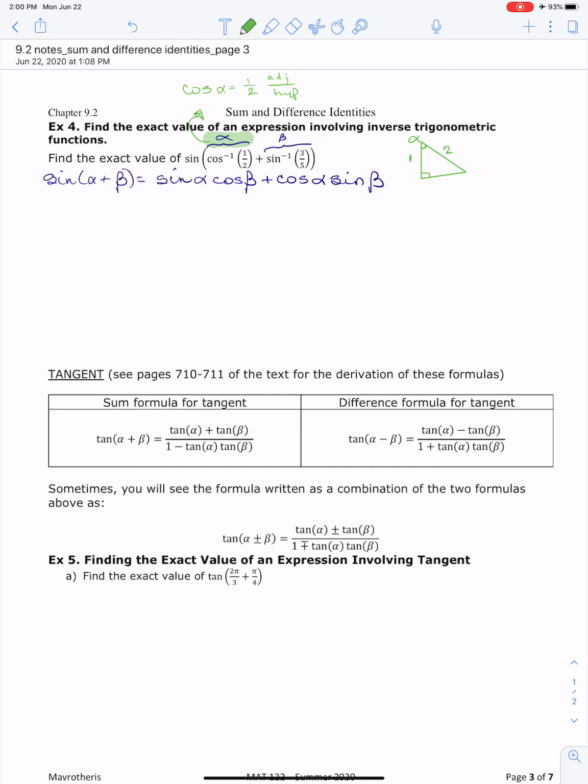And then I'm going to go ahead and use the Pythagorean theorem to find this opposite side. A squared plus 1 squared would equal 2 squared. So I've shortcutted and written both of the numbers that we know on the same side. I got 4 minus 1 equals a squared. A squared is 3, so a is the square root of 3.